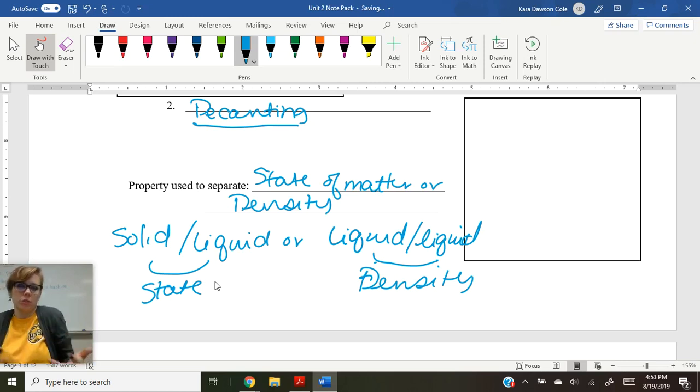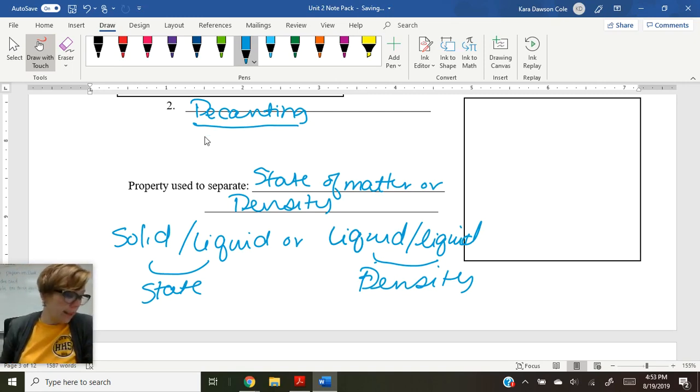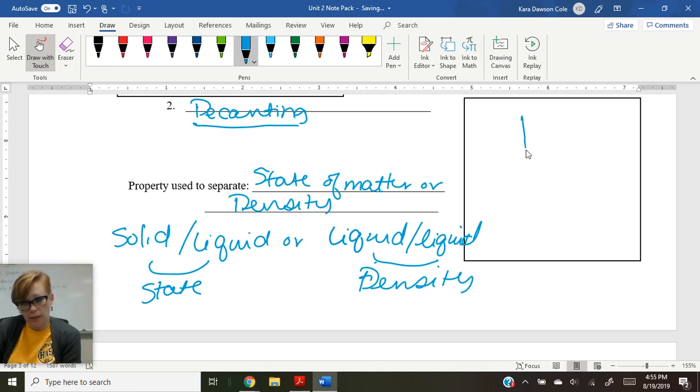Then we're going to have to filter to get rid of the rest of the water, right? Or we can say we've got liquids, so we let them sit. We have them stacked on top of one another because they have differences in density. And then we can pour the lighter liquid off of the top of the heavier liquid. So the way that this would look, we've got a test tube here, and we've got a liquid here, and then we have another liquid on top.